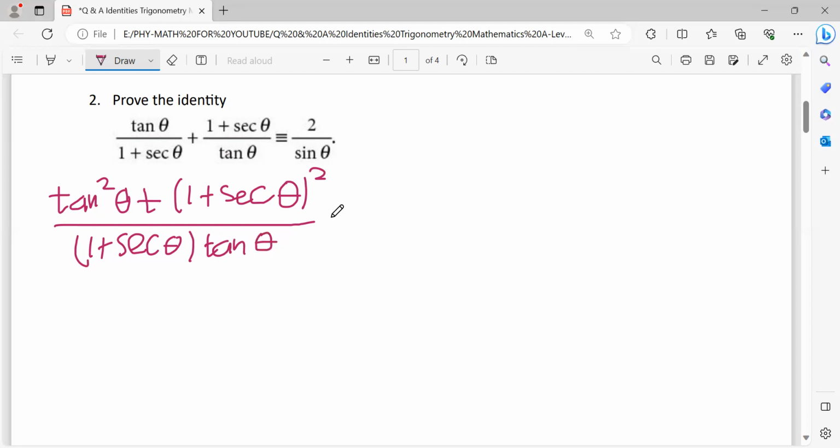With this tangent theta, I'm going to change it to sine squared theta over cosine squared theta.